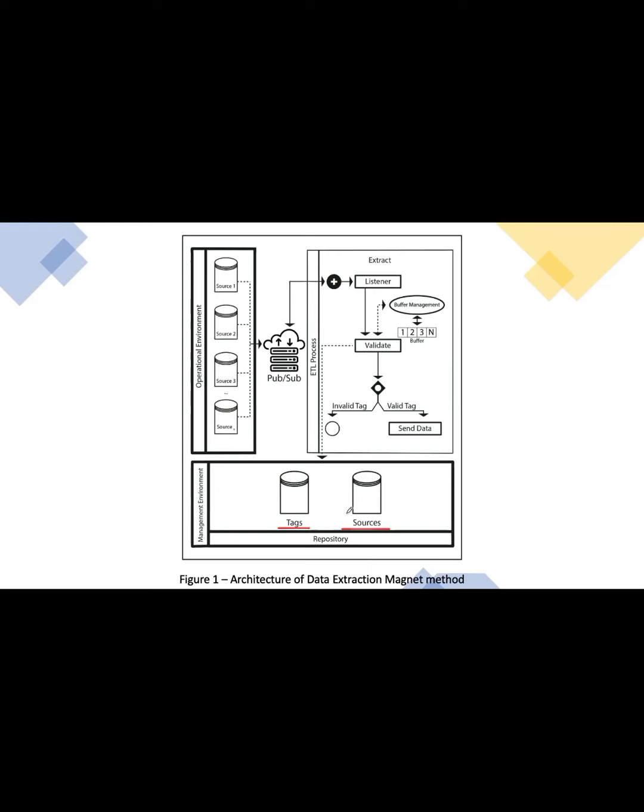Okay, and at this point we have a data of interest assigned together with a tag. And at this moment, the data extraction magnet knows that this data is of interest.